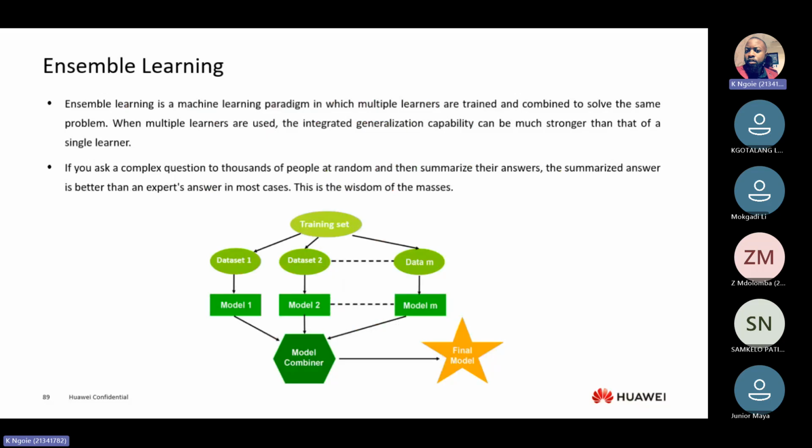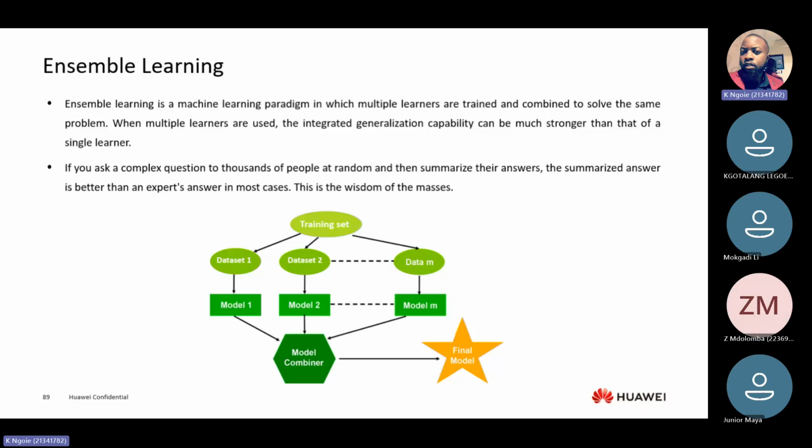Okay, so those are some of the algorithms, and we have a method called ensemble learning. Ensemble learning means that when you have a big data set, such as in a big project, instead of creating one model, you can take a certain group of data, create a model, take another group of data, create another model, and create as many models as you want.